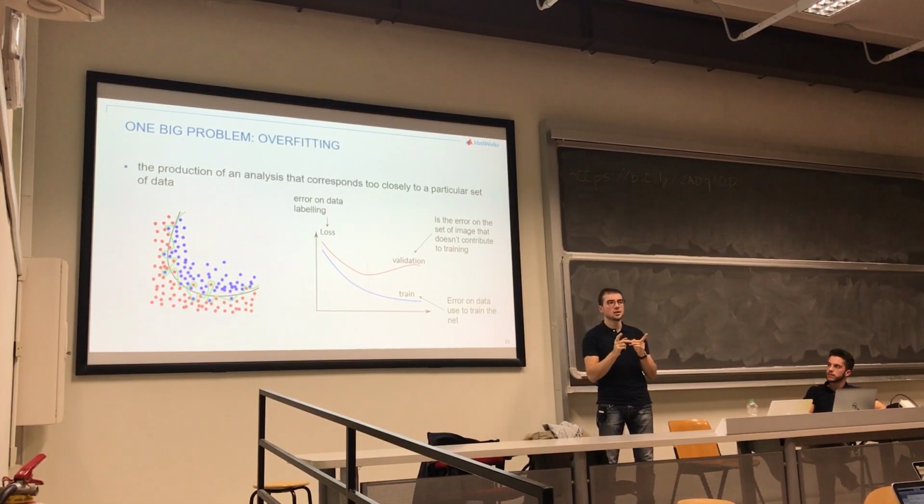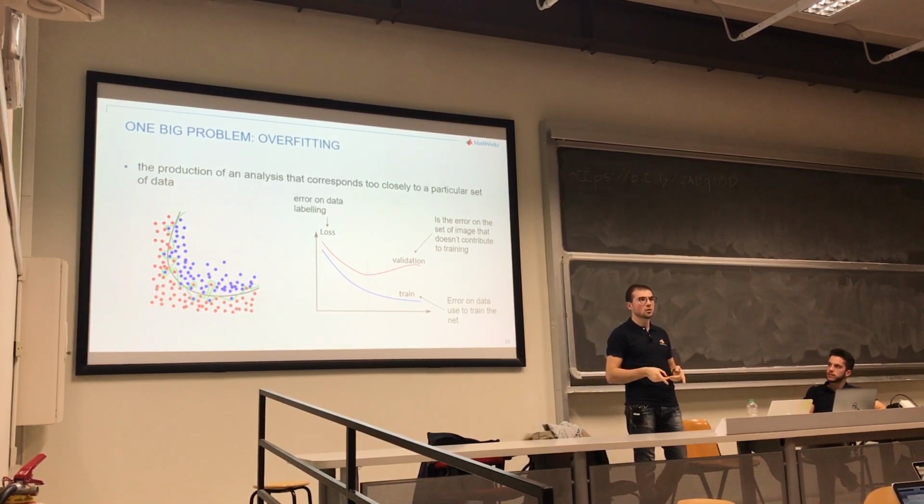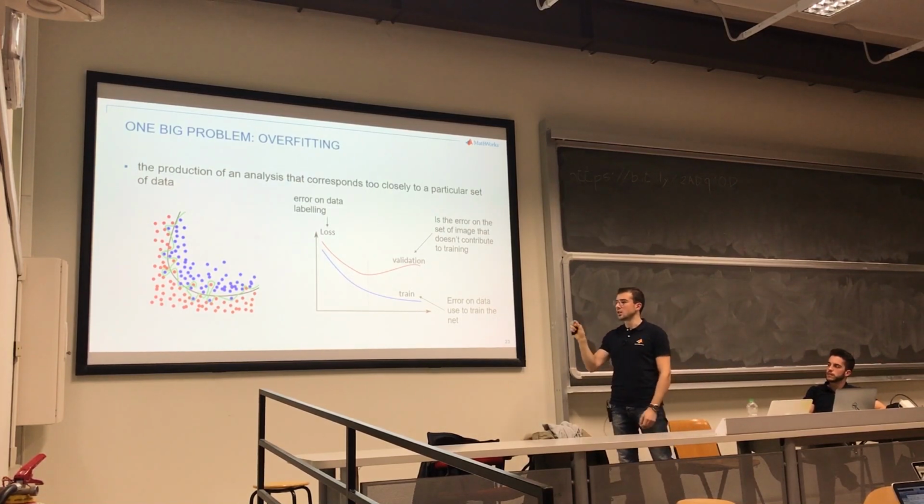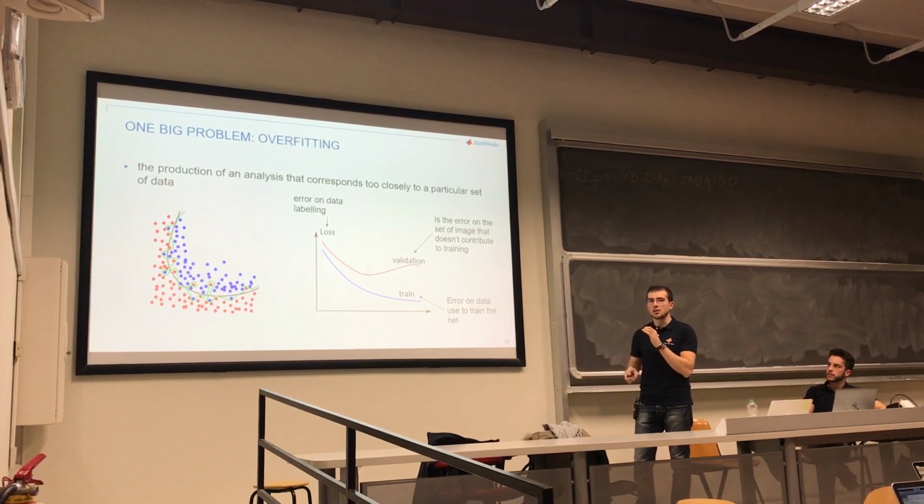The training is the data that we give to the network, and they will perform the training, so the fitting of the parameters of the network. And then we use a small set of images that we have taken apart to understand if we are going to perform overfitting.